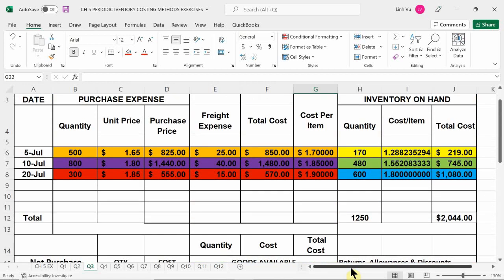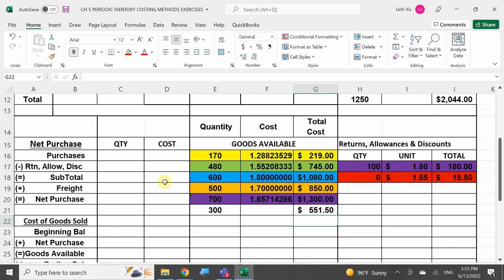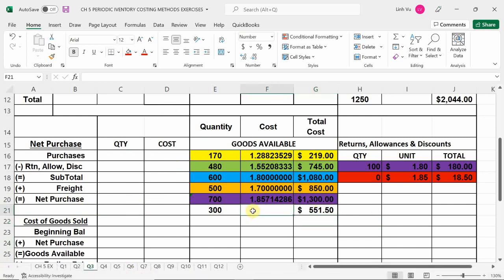Okay, so $570 minus the $18.50. You should get a total of $551.50. So now I need to spread the total cost evenly through the 300 units, and that's going to give me a cost per item of $1.838333.